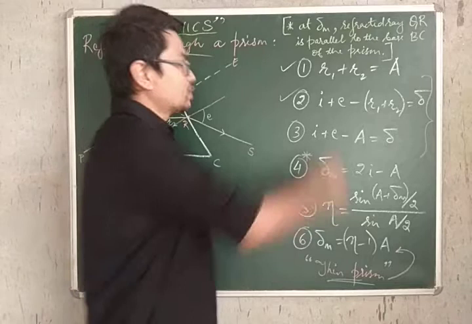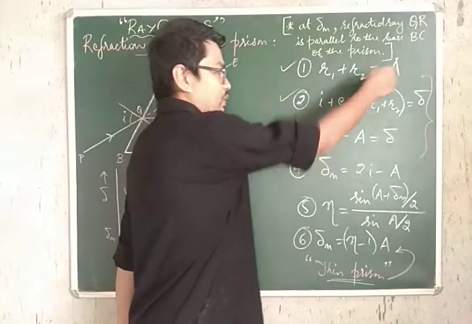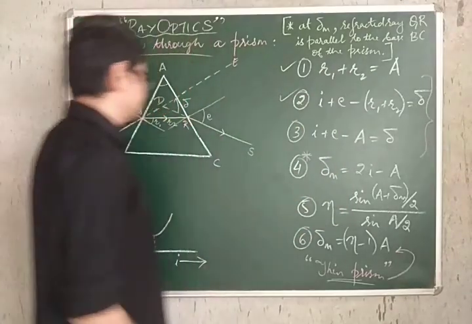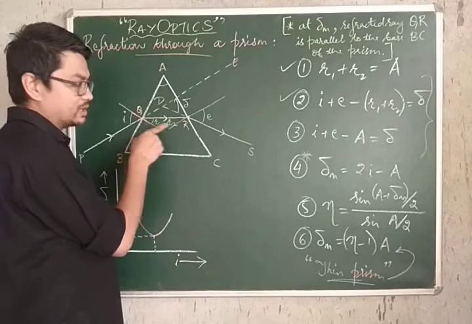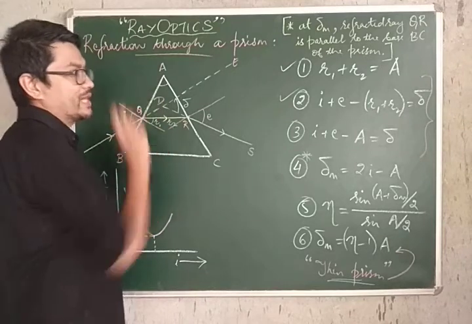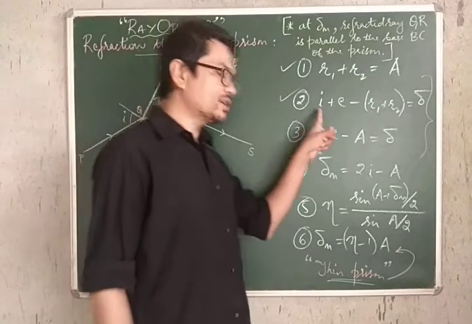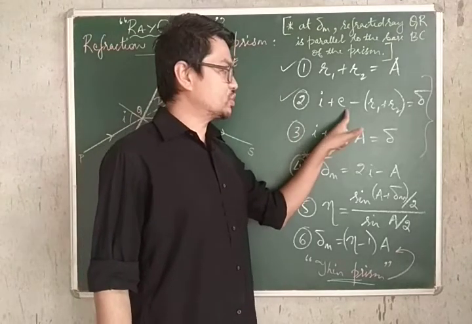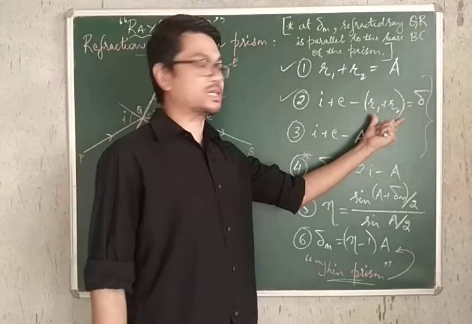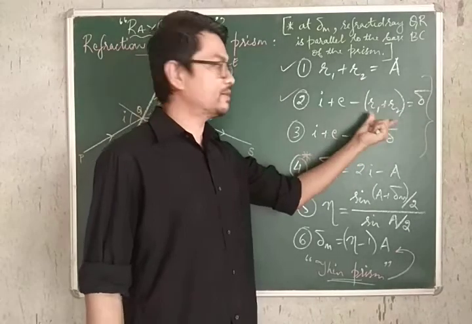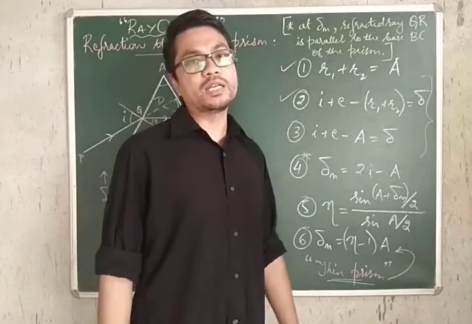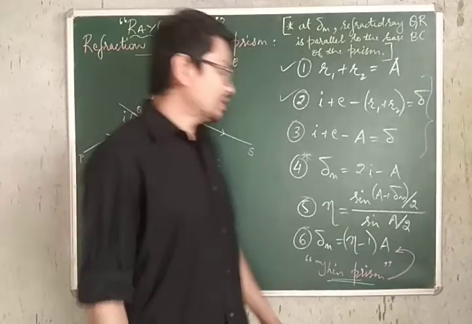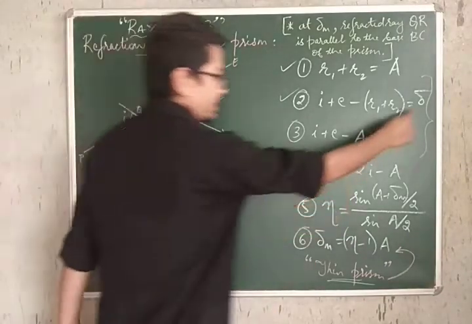So what we get to see is r1 plus r2 is equal to the angle of the prism A. Likewise, the second relation tells us the angle of incidence plus the angle of emergence minus (r1 plus r2), that is this thing on the left hand side, is equal to the angle of deviation. Now what is this angle of deviation, denoted by the Greek letter delta?